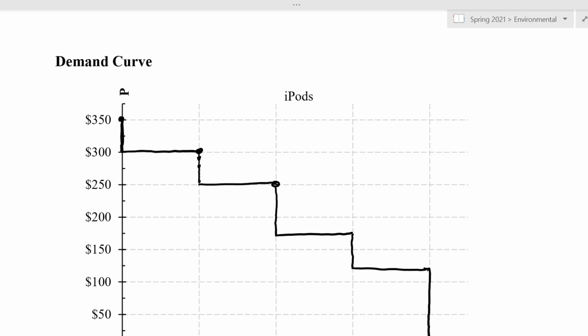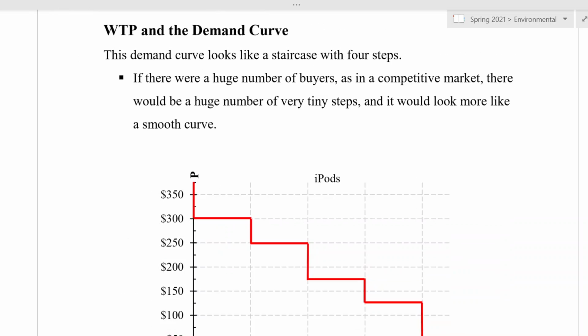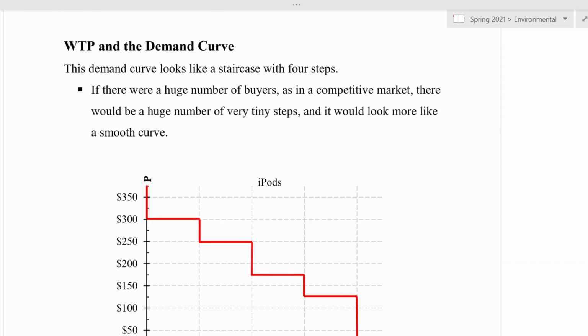Okay, and so here we have kind of a strange looking demand curve. It's strange looking because there are only 4 people. But eventually, once we have more people, there are going to be other people who have a higher willingness to pay, and Flea will jump in there still at 300, all right?